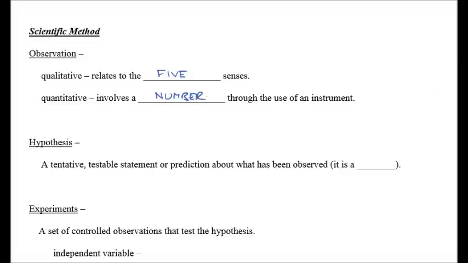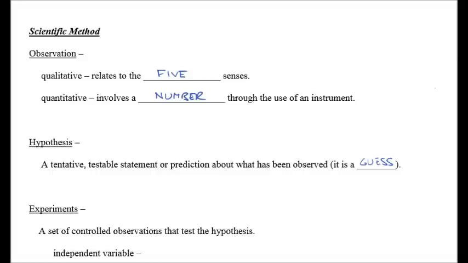So if I were to say the mass of a book is 200 grams, that is a quantitative observation. If I were to say the book has an orange and black cover, that is a qualitative observation.